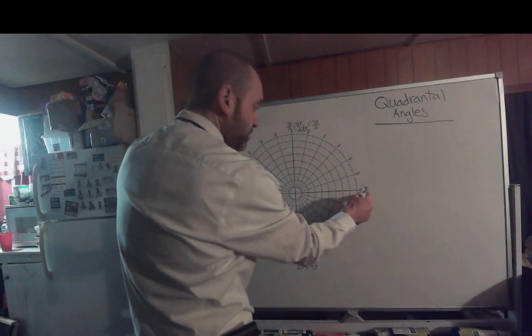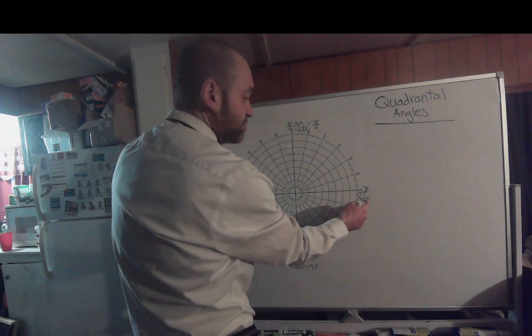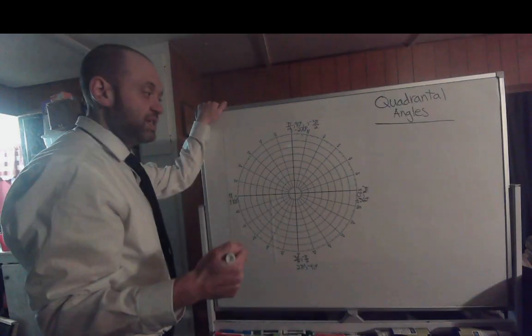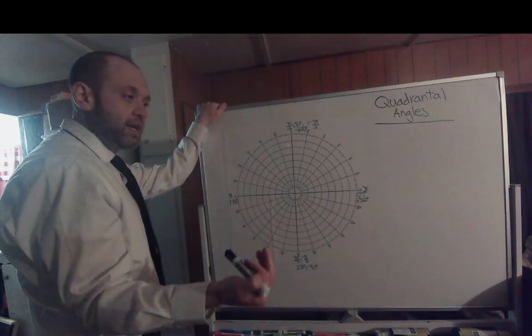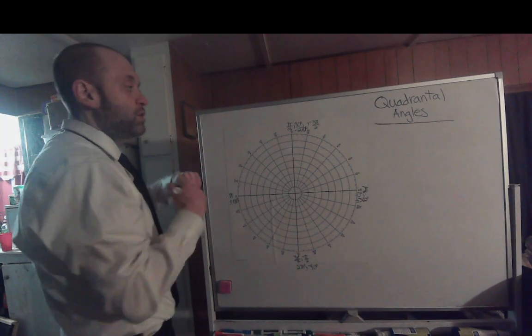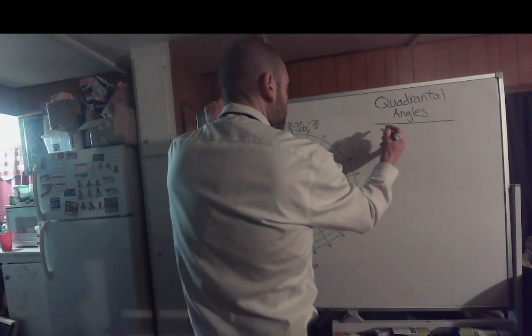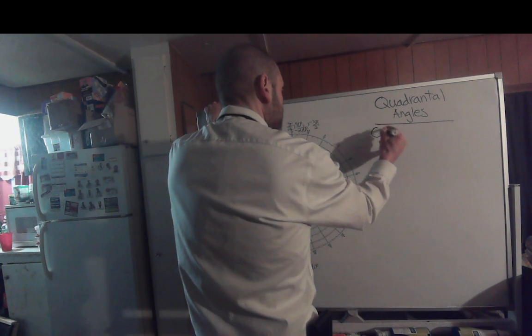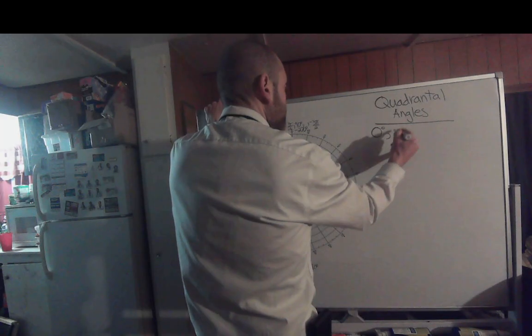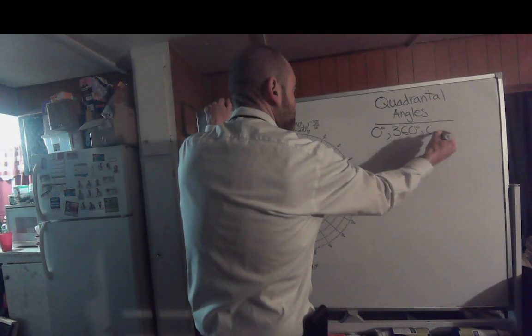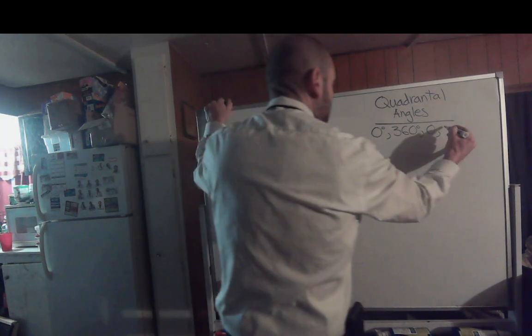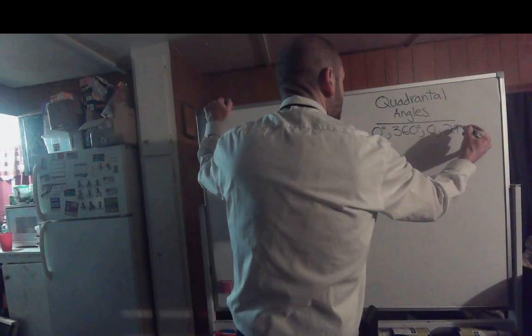So 0 degrees, which is also the same as plus and minus 360 degrees, or also denoted as 2 pi for radians or 0 radians. So we have 0 degrees, which is also 360 degrees, which is also 0 radians, or 2 pi radians, right?